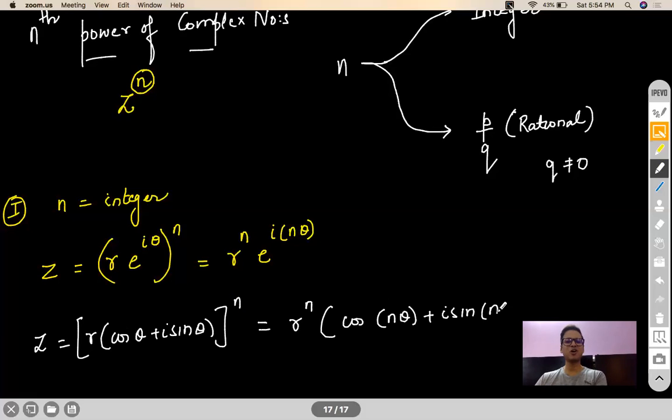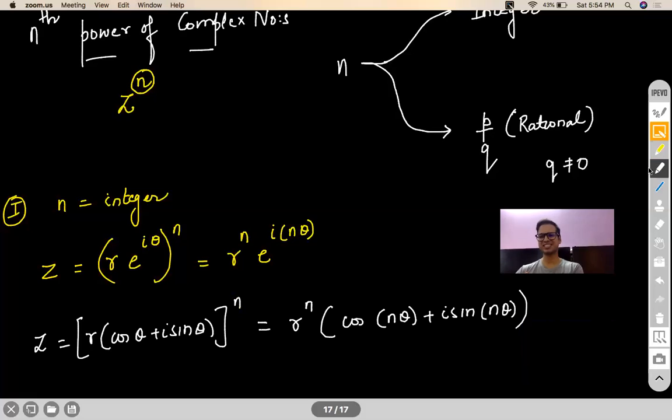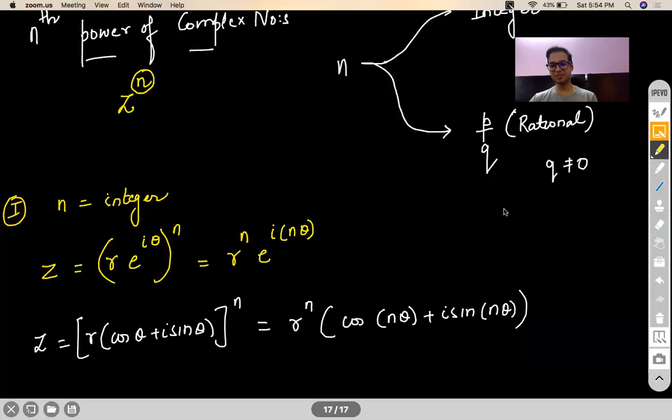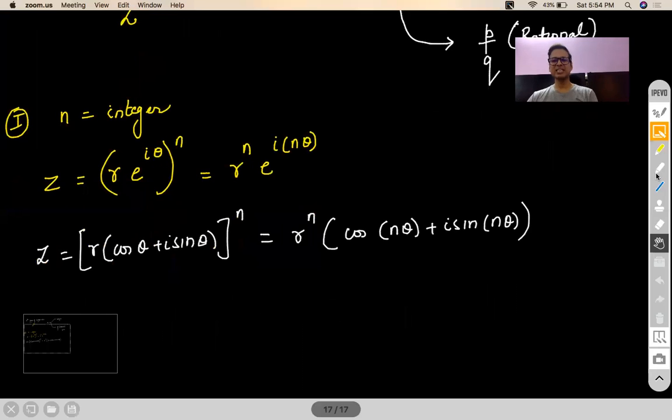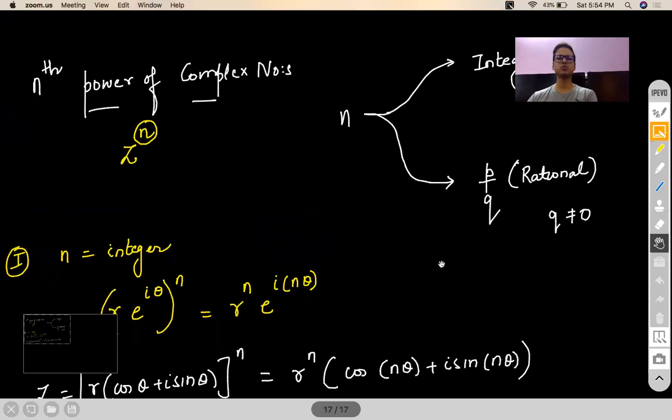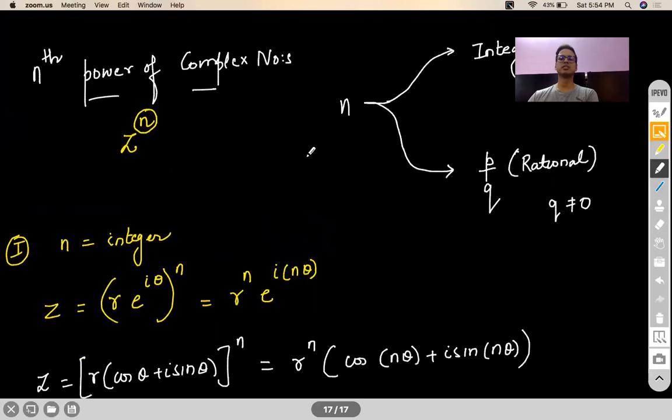Again, very much like the log properties, isn't it? So thanks to the Euler form, we are able to figure this out very easily. Yes, this exponential form makes our life so easy. And even though we are using an Euler form, this was first figured out by a French mathematician whose name was De Moivre.